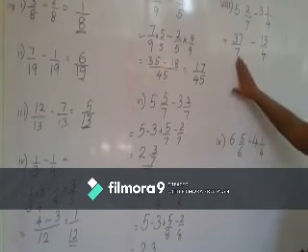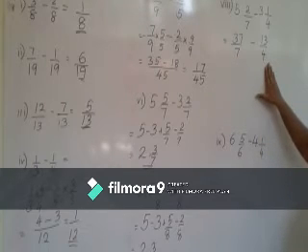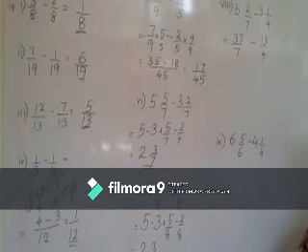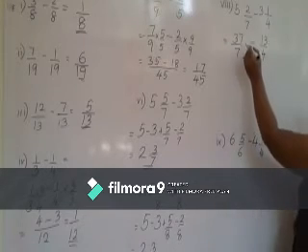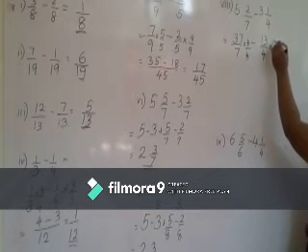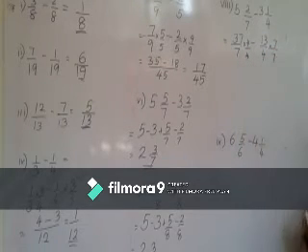Now the denominators are 7 and 4. The common number for 7 and 4 is 28. So 7 must be multiplied by 4 and 4 should be multiplied by 7.